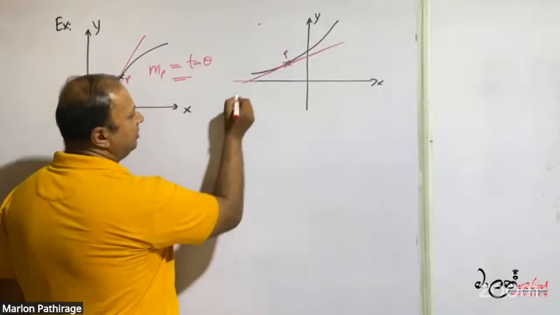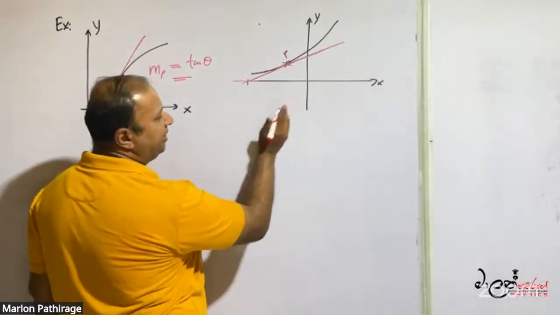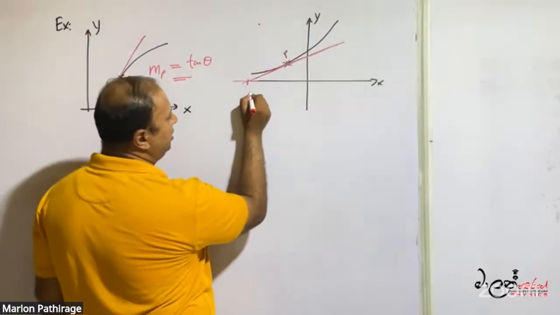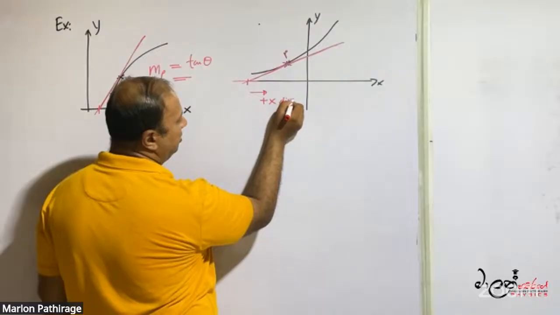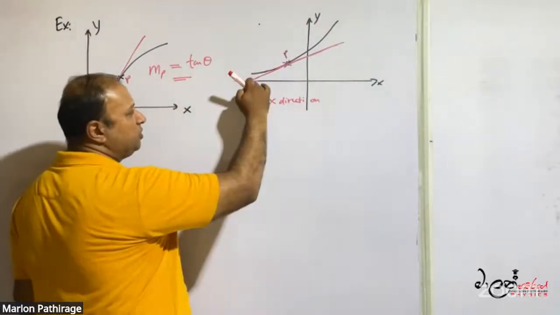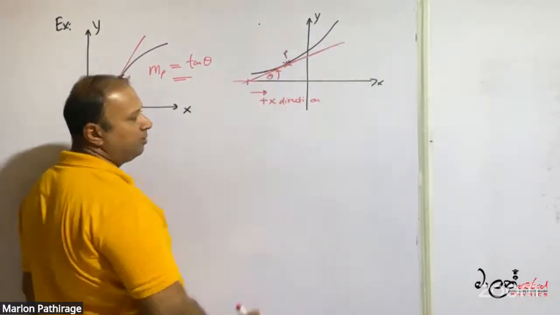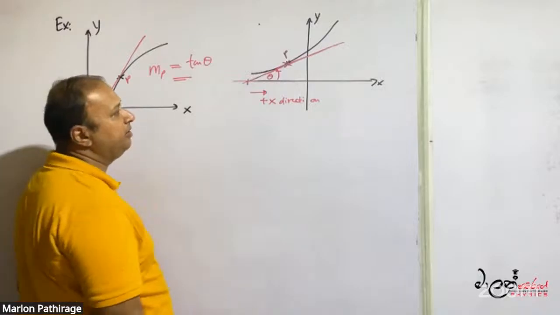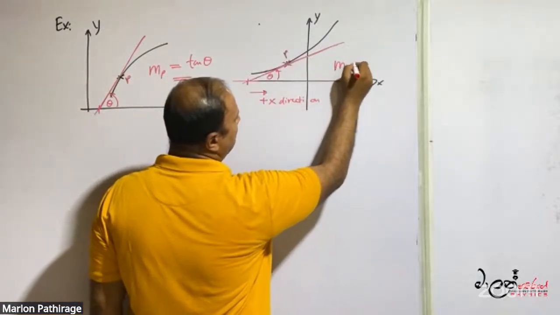Then take the intersection point. Now the right-hand side is the positive x direction. So you have to take the angle between the positive x direction and the tangent. Then the gradient at P is equal to tan theta.